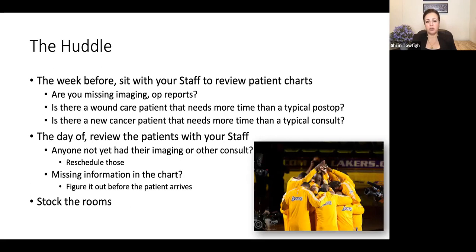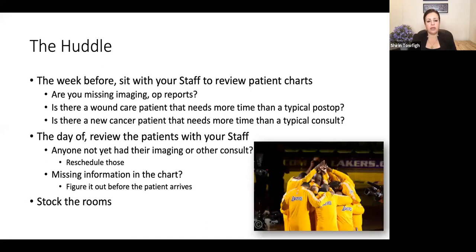Either reschedule those or get that done ASAP before the office visit if you have that pull. And if you're missing certain information, figure that out before the patient arrives. Don't waste the patient's time to then be like, oh, we never got the report fax from your doctor. Let's see if we can get that done. That's just a waste of time. That should be done ahead of time before the patient arrives.